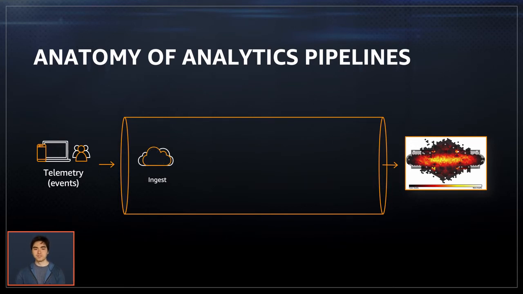Well, the first step is to ingest that data into the pipeline, right? You need some method of actually getting it into the pipeline. Then you need to store that data so that it's persistent and you're able to look at that in the future and do any transformations or anything you need on it, right? You need reliable storage. Next is the analyze phase, where you actually get a better understanding of what data you have, how it's structured, and maybe do some transformations of that data to make it more useful and relevant to you.